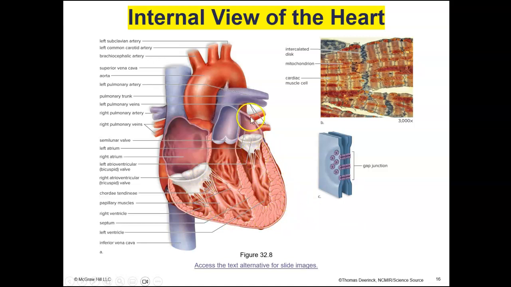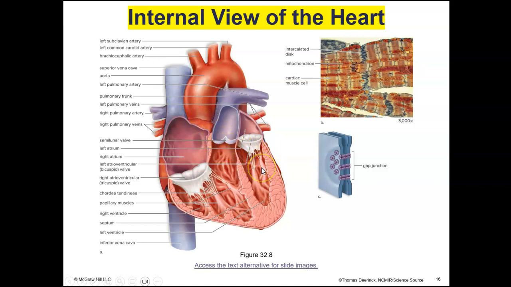So anyway, the blood is coming through the left atrium, past the bicuspid or mitral valve into the left ventricle. And then what you can't see is behind this pulmonary trunk is where the left ventricle connects with the aorta. And there is a valve in there called the aortic valve, and you just can't see it in the picture.